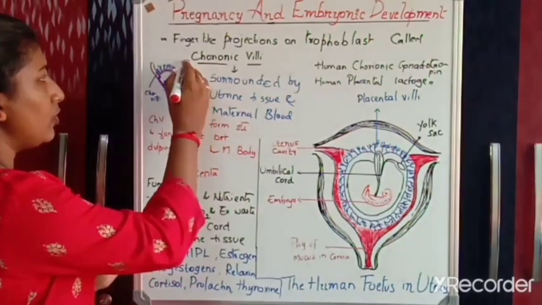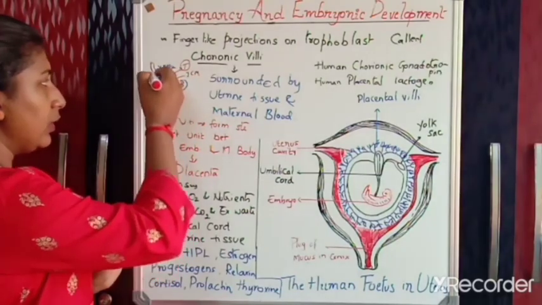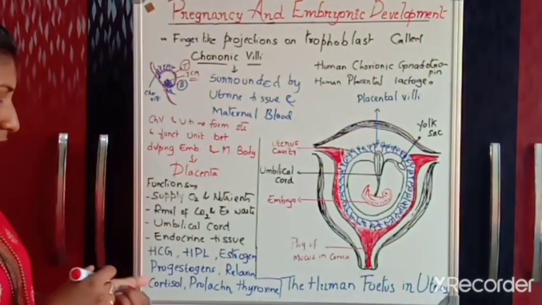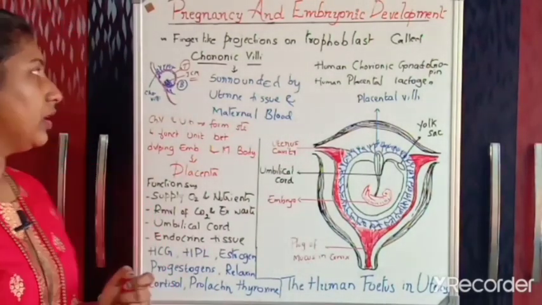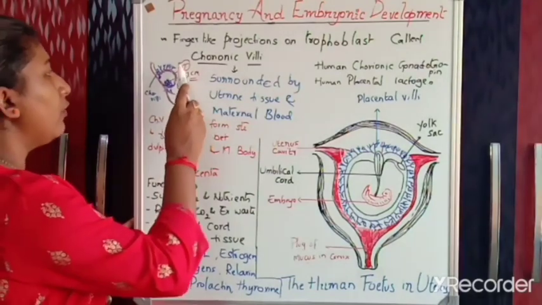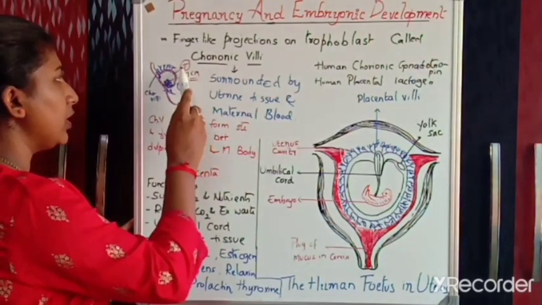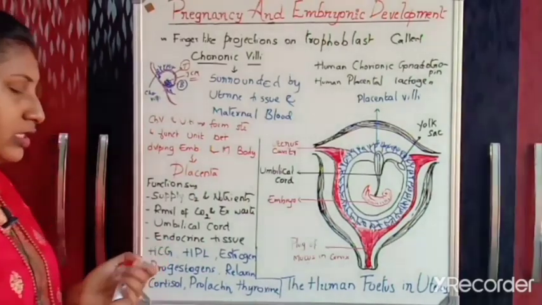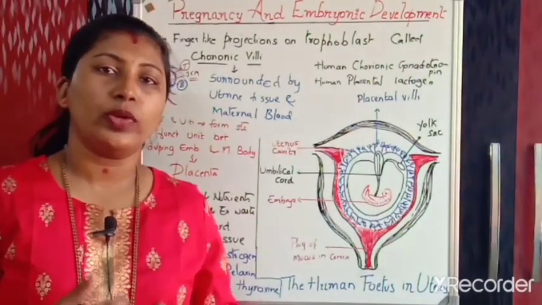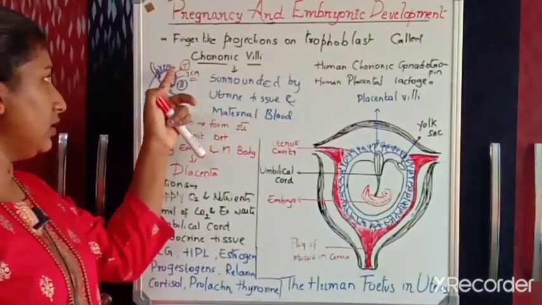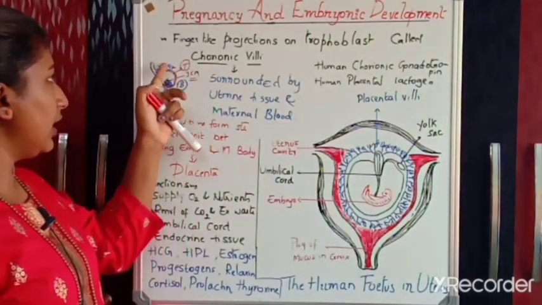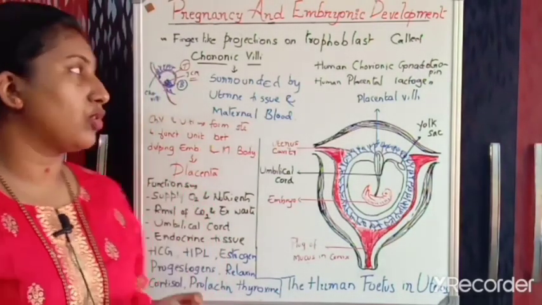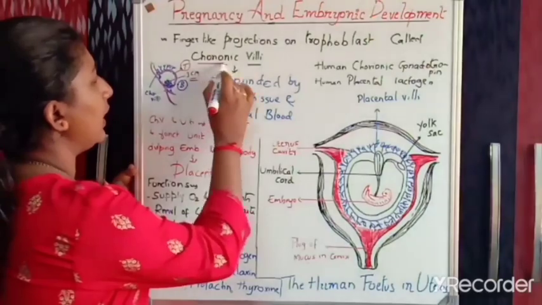So this trophoblast should integrate with the uterine wall, and this inner cell mass will develop into an embryo. Okay, so for the integration between the blastocyst and the uterine wall, finger-like projections arise from the trophoblast, and these finger-like projections are called chorionic villi.